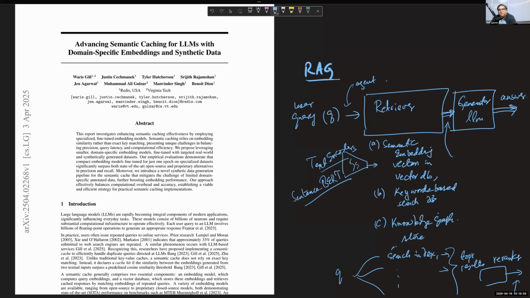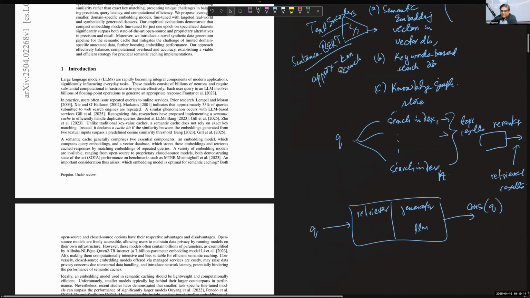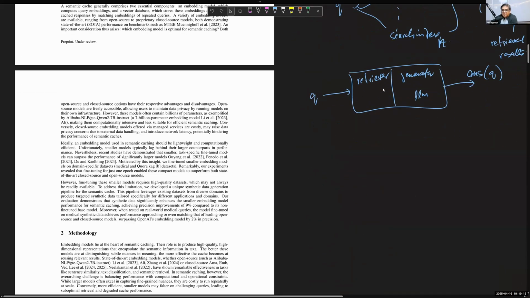Then you do the approximate KNN search in a vector database to find the k nearest neighbors for the query. To illustrate the journey of a query: a query goes into an encoder, which is a bit expensive, but not too expensive, to create a query embedding vector.